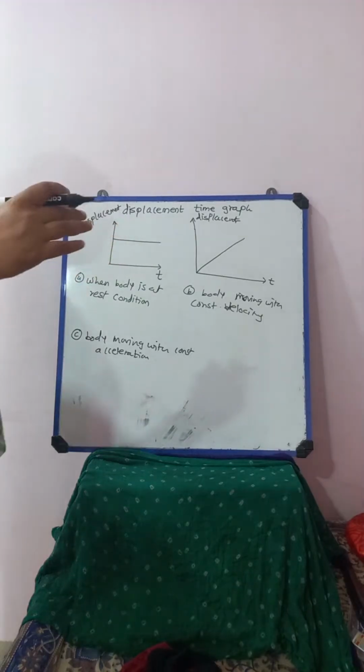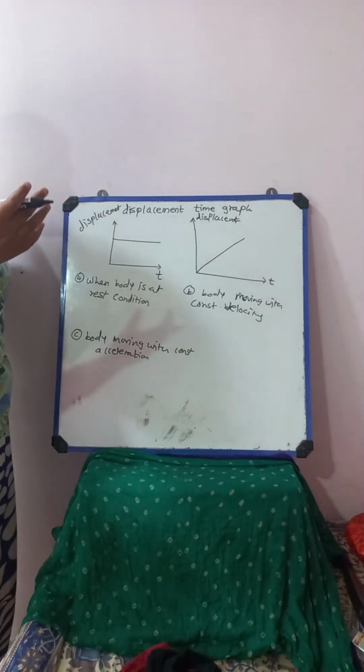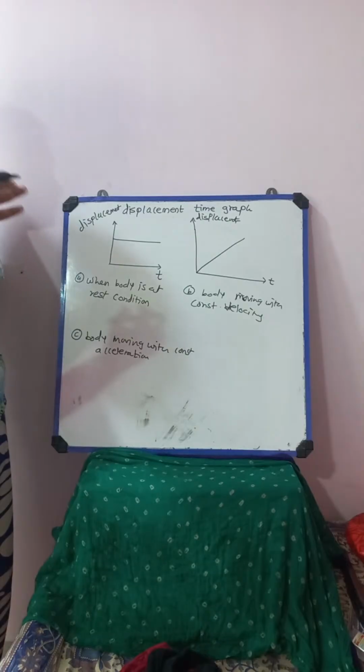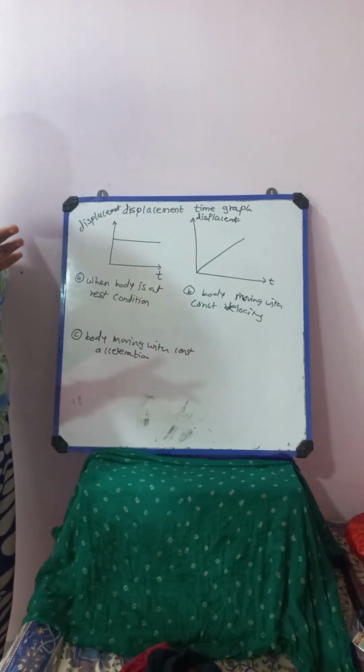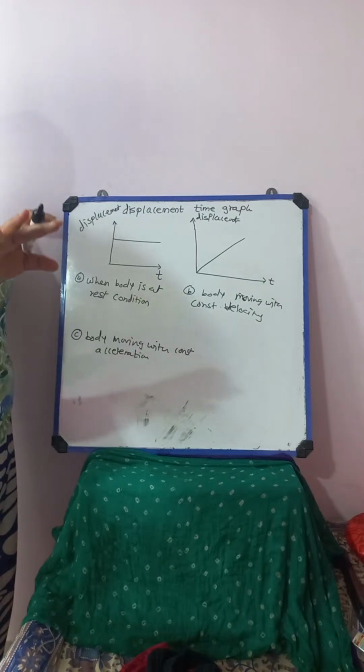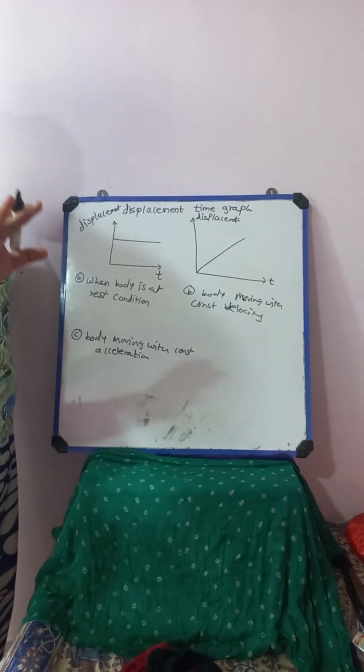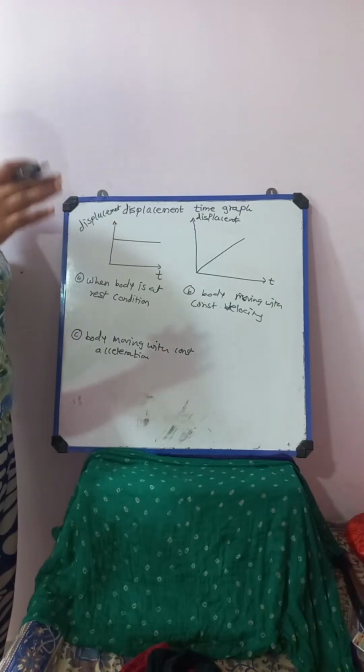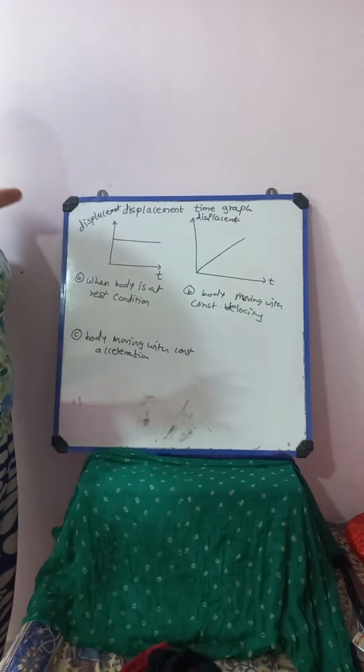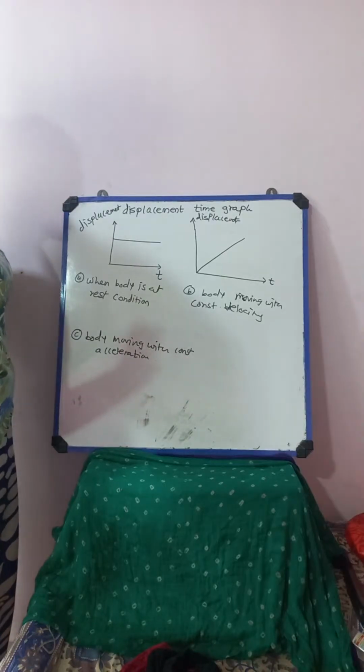Suppose in the first hour it covers 50 kilometers of distance, in the second hour 40 kilometers, in the third hour 30 kilometers, and next 20 kilometers. There is a change in velocity, but with a constant difference of 10 kilometers.